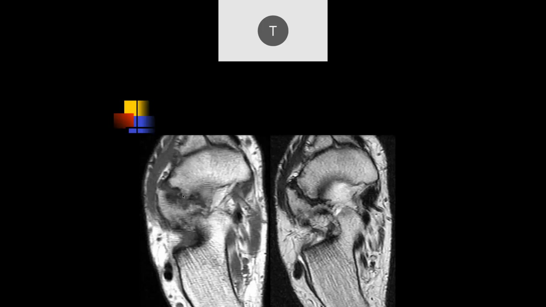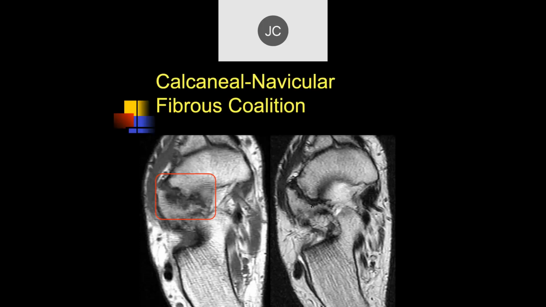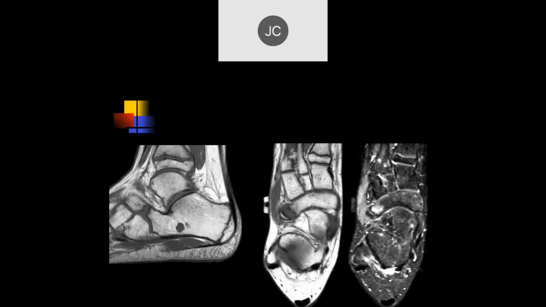Okay, so we see very irregular what should be subchondral bone, and instead of having the normal, nice smooth cartilage here, we've got a lot of irregularity and more fibrous signal intensity than you'd have with normal articular cartilage, and so this is another fibrous coalition. Good.